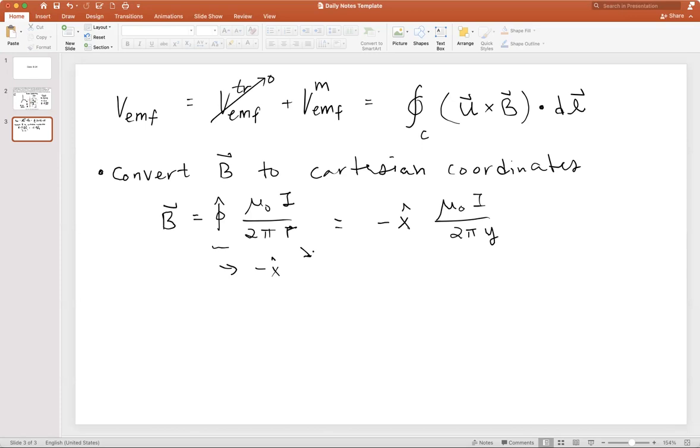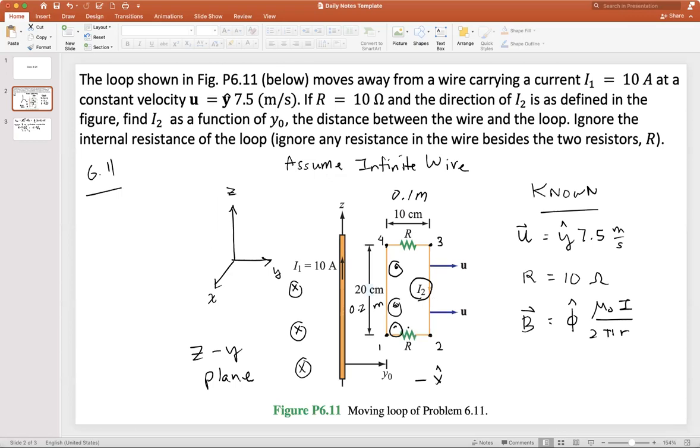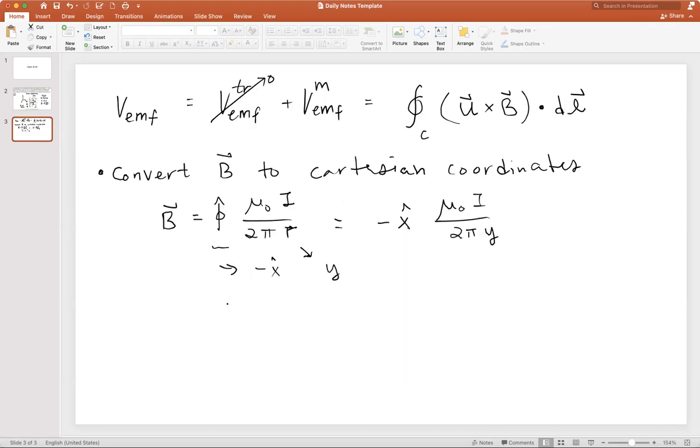And I've also converted R to Y, because in this case the radial distance away from the wire in this problem is in the Y direction. So now we have an expression for B in Cartesian coordinates. And we also know from the problem what the velocity is, and this was already given in Cartesian coordinates.